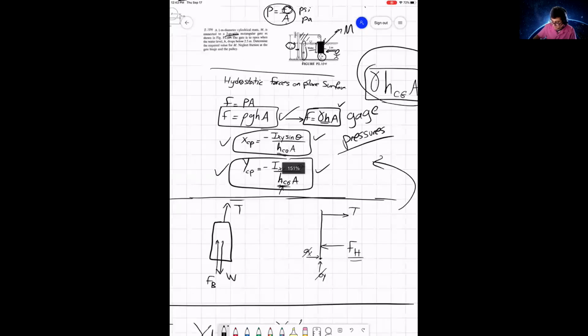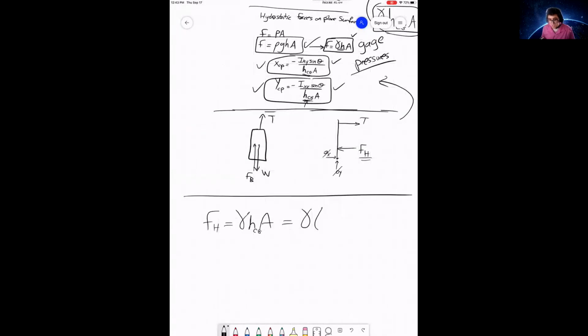Sounds good. Makes sense. Okay, so if you want to solve this one for FH, gamma, and HCG, we know it's H over 2. And what is A in this case? 2 times 4.